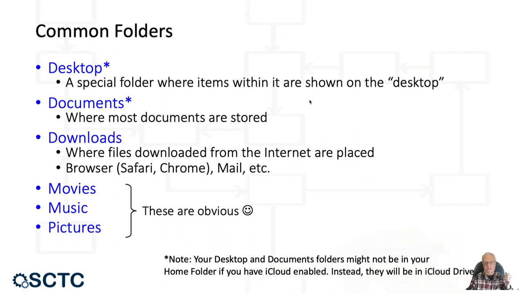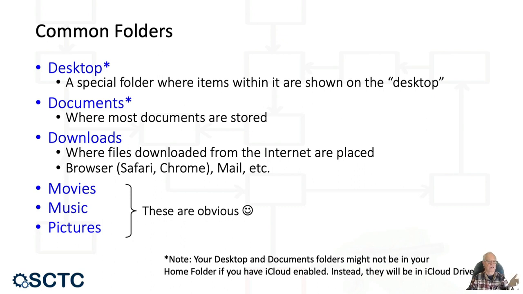There is one note down here, and you'll have to check this when you go look at your Mac. If you have iCloud enabled, your Desktop and Documents folders are actually in your iCloud Drive. The reason for that is that if you create a file and you store it in your Documents folder, you've chosen for that to be replicated into the cloud.